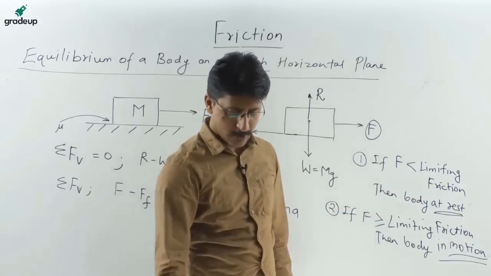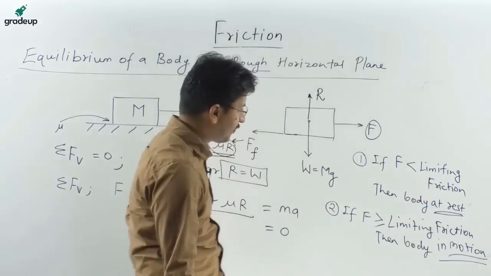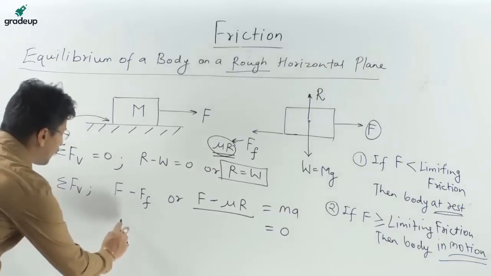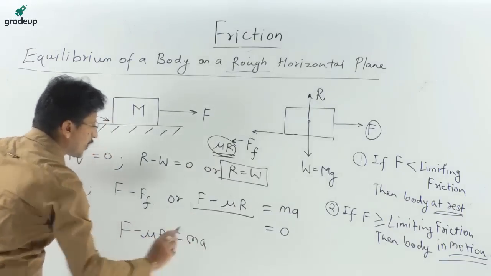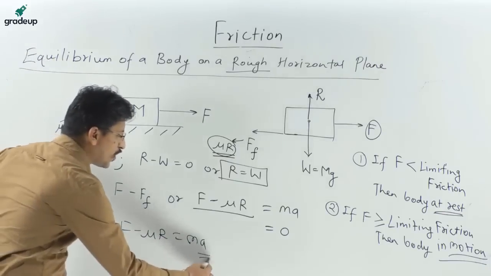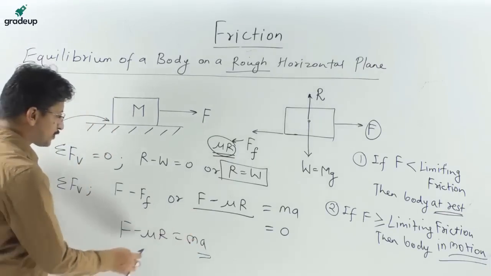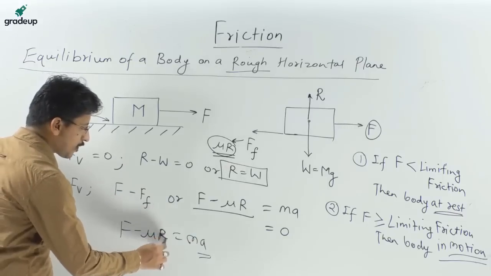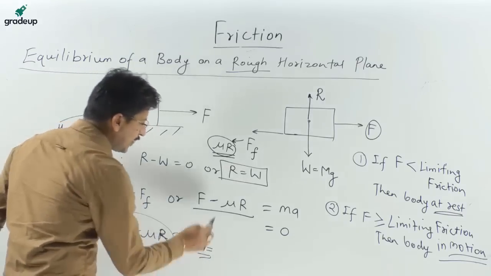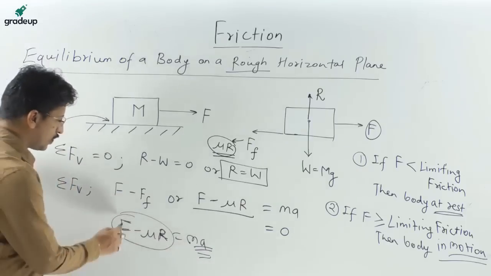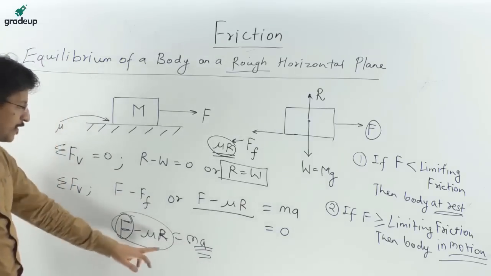Okay, so if this is more, then F minus mu R will be equal to m a, where a is the acceleration of the body. This will give you the direction of the motion. This F will be greater than mu R. Why?